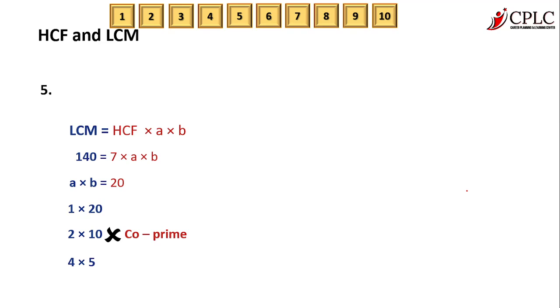So for A and B there are two possibilities, and basis that there are two possibilities for the numbers also basically. And this is the way to look at it. So that is question number 5 for us.